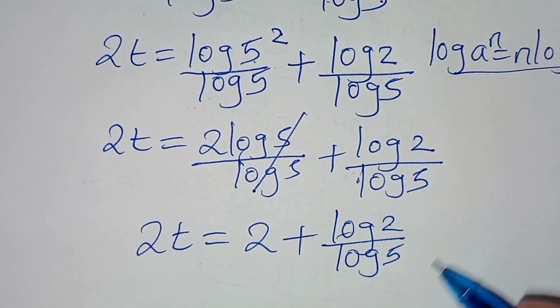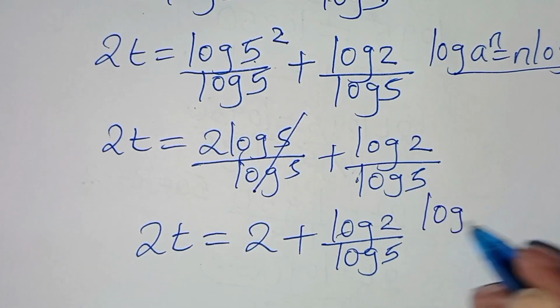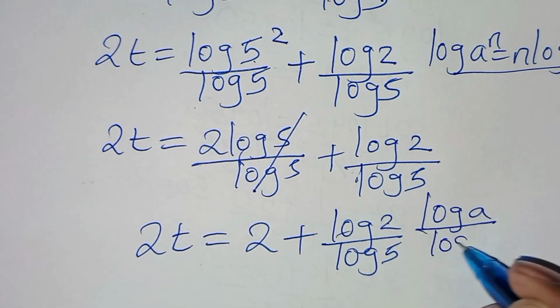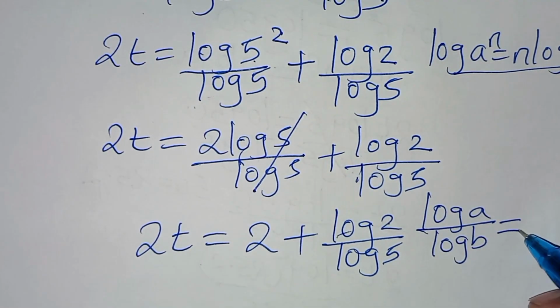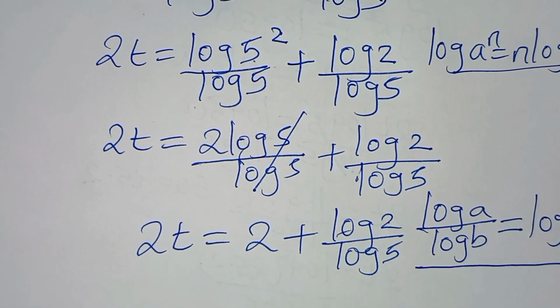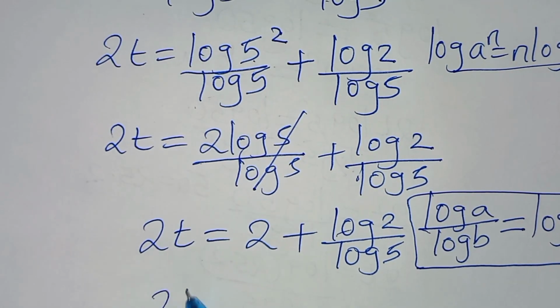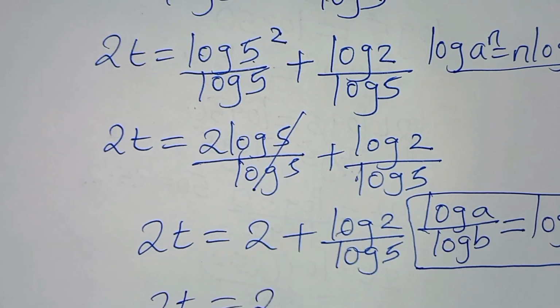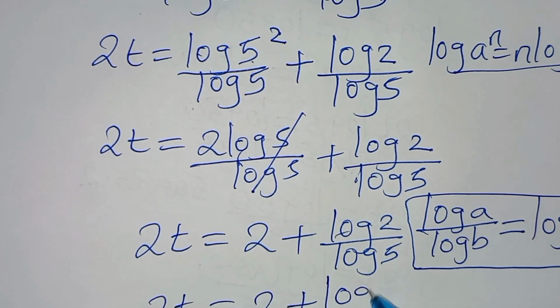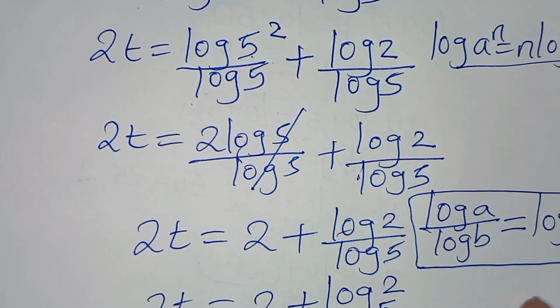Now log 2 divided by log 5 is in the form of log a divided by log b, which we can express as log a to base b. So let's apply this property, so that now we'll have 2t equal to 2 plus log 2 to base 5.